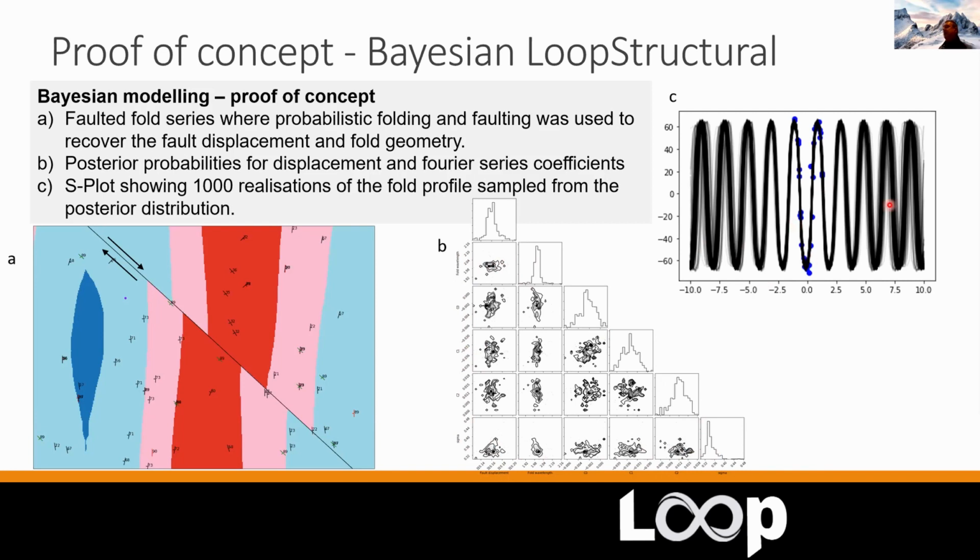And of course, you can realize very quickly that away from data, your uncertainty, or if you want the width of that curve, is actually increasing dramatically, which tells you that the system is very uncertain away from the data points, as we would think intuitively, obviously. But anyway, this is a proof of concept to show you that we can use Bayesian inference to invert geology from data, from geostructural data, and of course the maps.